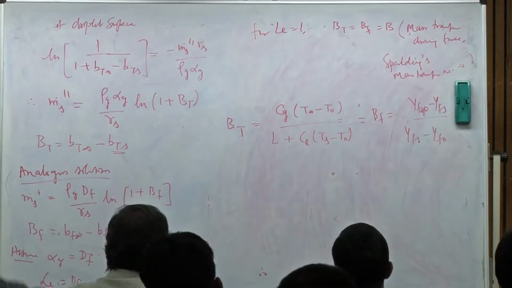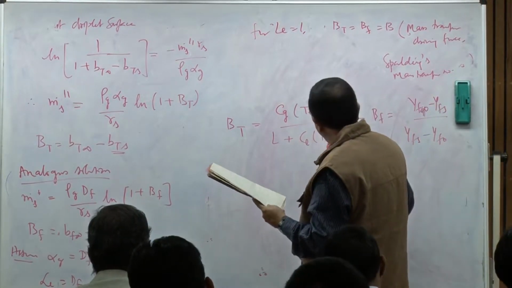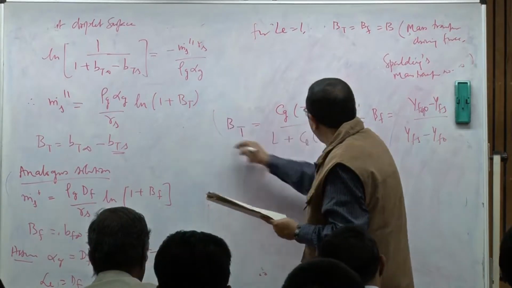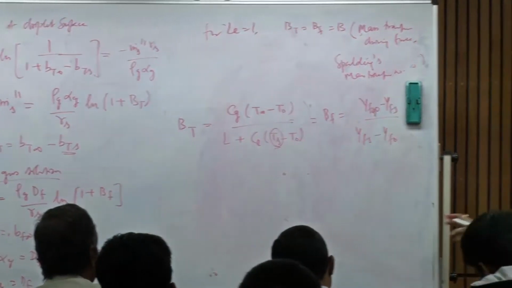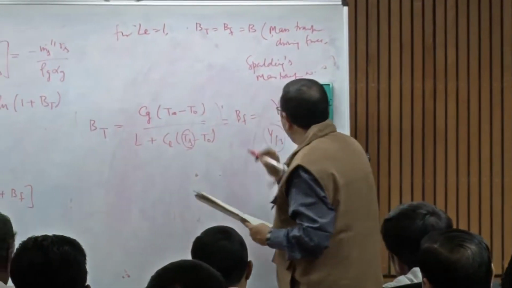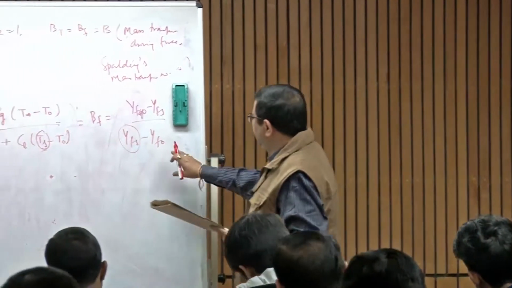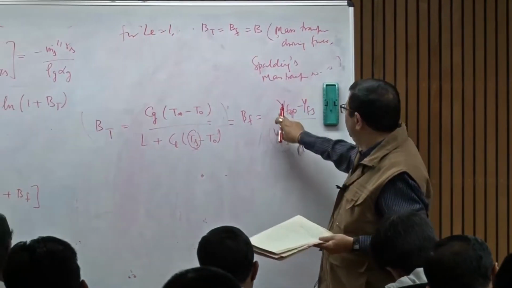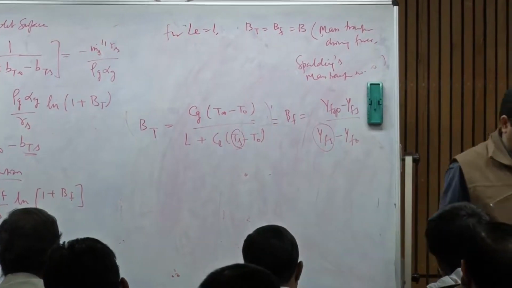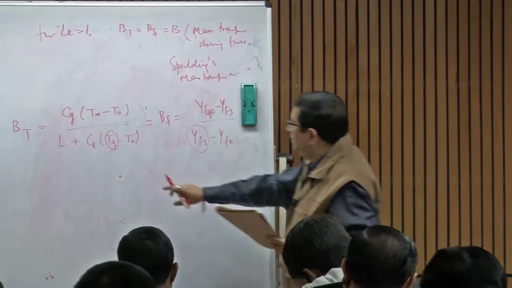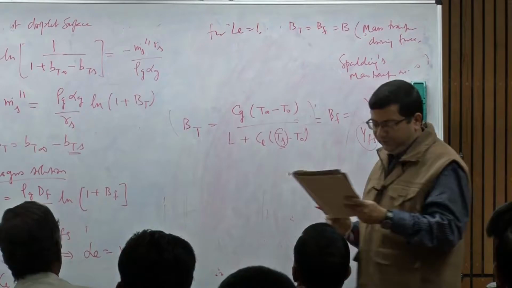So, this expression gives a relation for this. In this part of the expression, the unknown is the surface temperature, which is still an unknown. For this part, the surface concentration or mass fraction is the unknown, because the pure fluid inside is known and the far field is known, but at the surface these two are unknown. By solving this, if we get a value of B T, we get the surface temperature and the concentration.